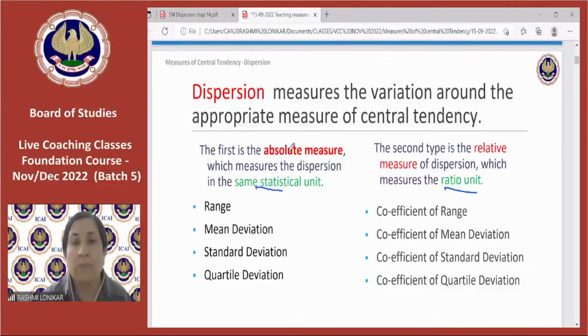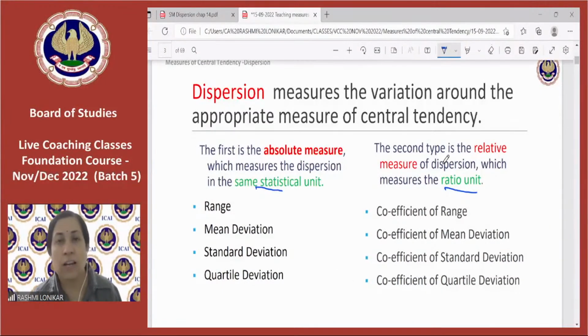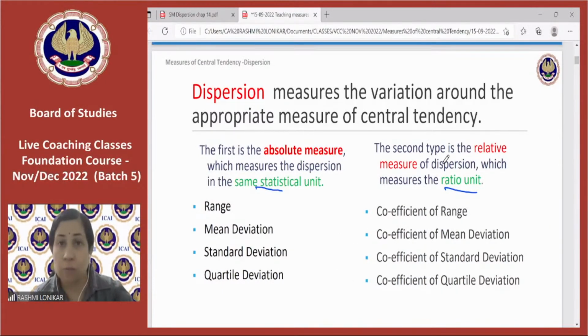So for the absolute measure of dispersion, range, the coefficient of range will be its relative measure. For mean deviation, it is the coefficient of mean deviation; for standard deviation, the coefficient of standard deviation; and for quartile deviation, the coefficient of quartile deviation. These relative measures of dispersion are more useful, but they are a little more complicated to calculate.